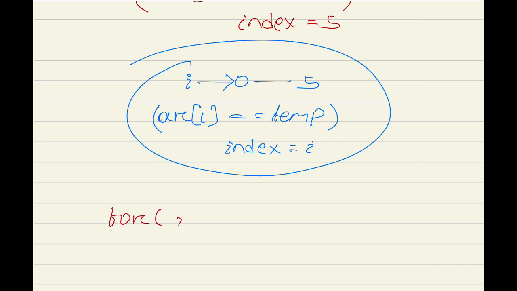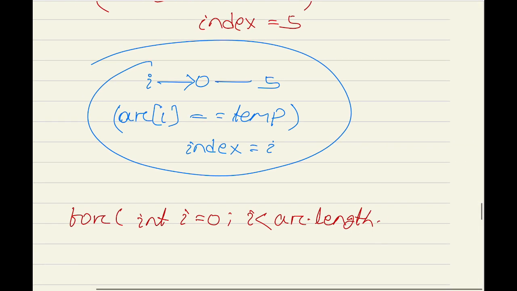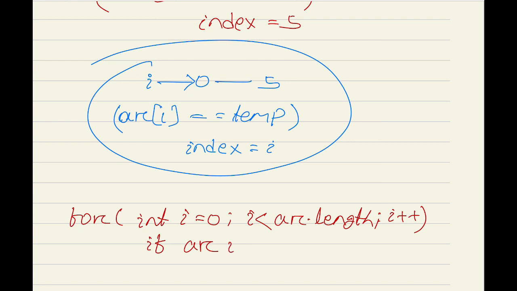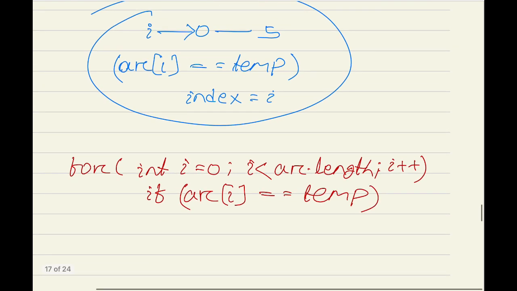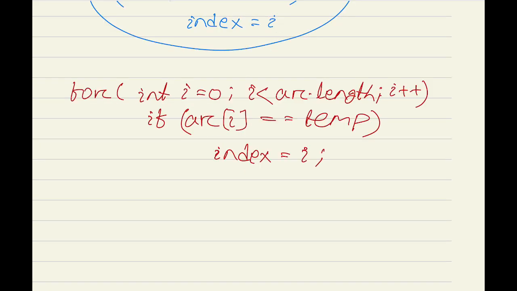So for int I equal to 0, I less than ar dot length, I plus plus, then if ar of I equal to temp, index equal to I. And before the for loop, we can take a boolean variable: boolean isFound equal to false.